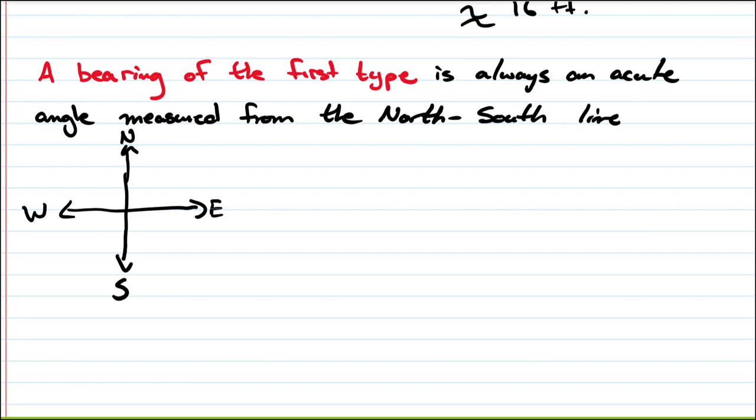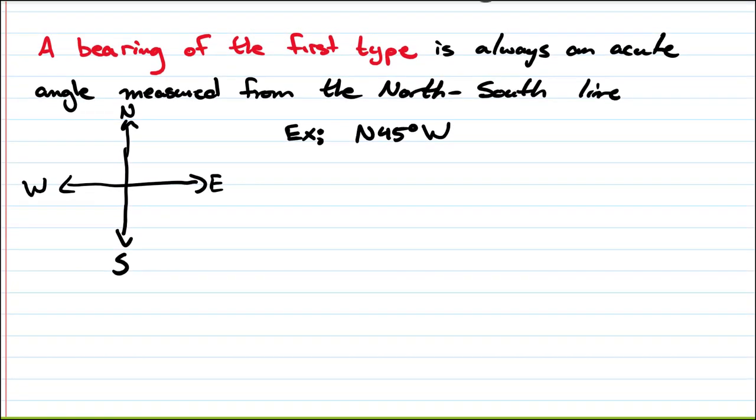So, for example, if I were to say north 45 degrees west, what I would have is I draw my north-south line, and then I'm going to measure an acute angle from north, and so north is up, and I am going to go west 45 degrees.